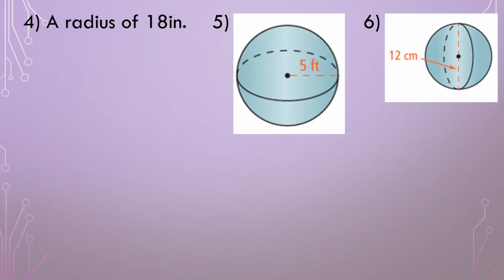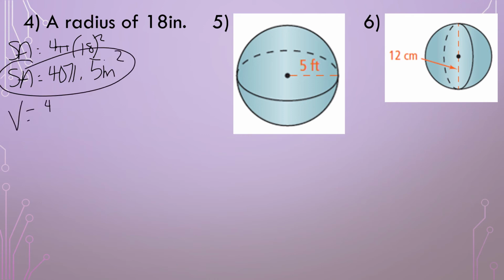Okay, my radius is 18 here. So surface area is 4 pi times 18 squared. Plug that all in your calculator, you get 4,071.5 inches squared.